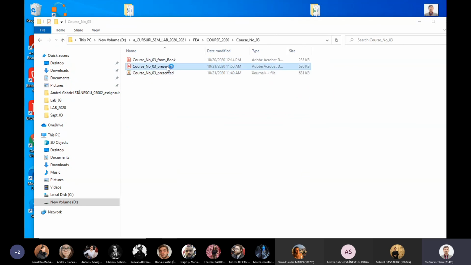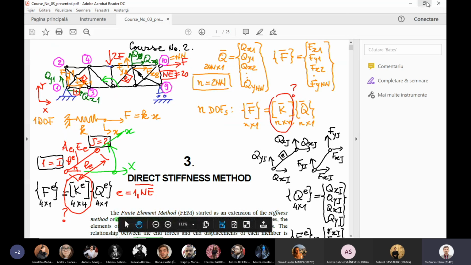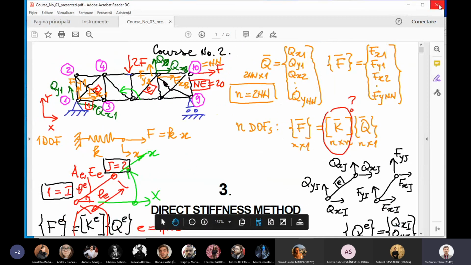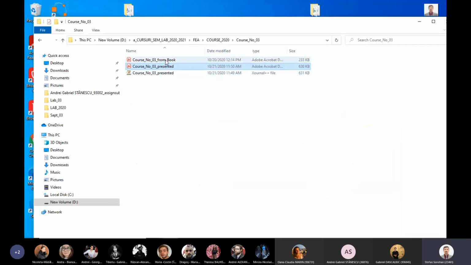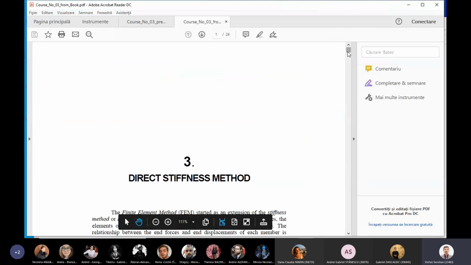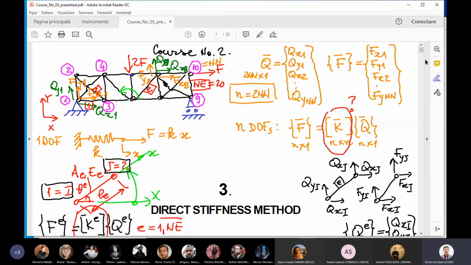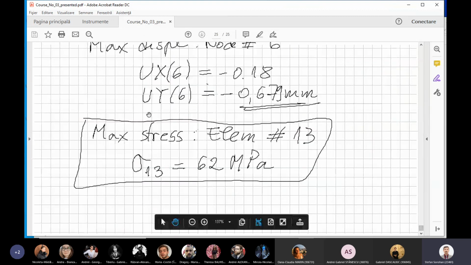So this was the course presented with a lot of annotation here. If you want, you can read the book. I can also give you the initial form without modification, and the lab is here.